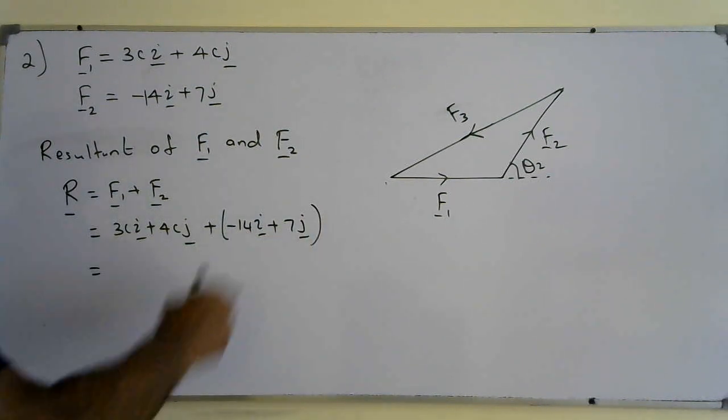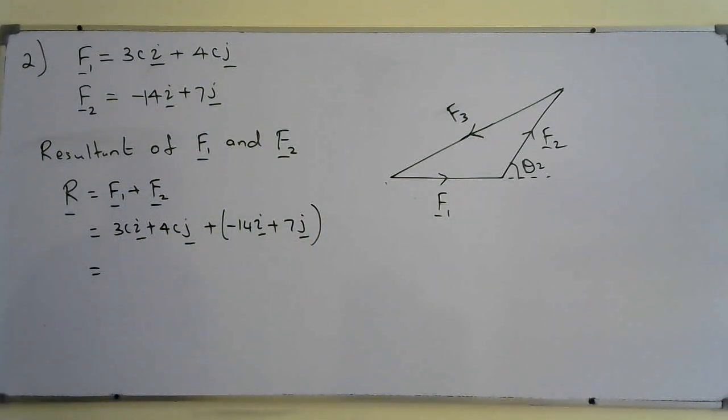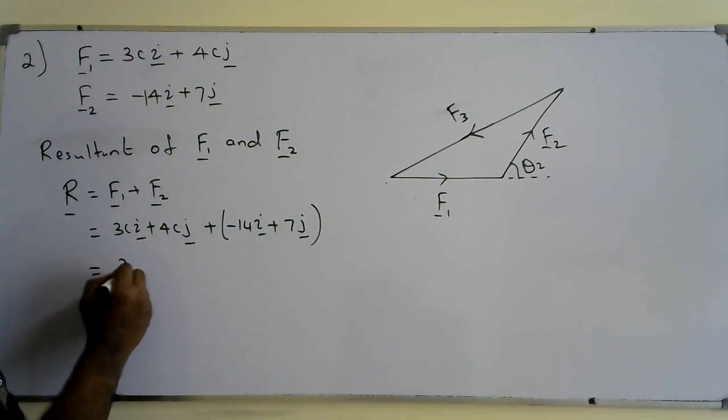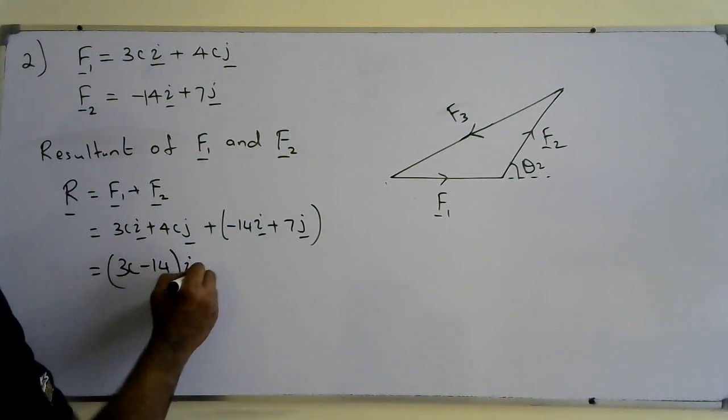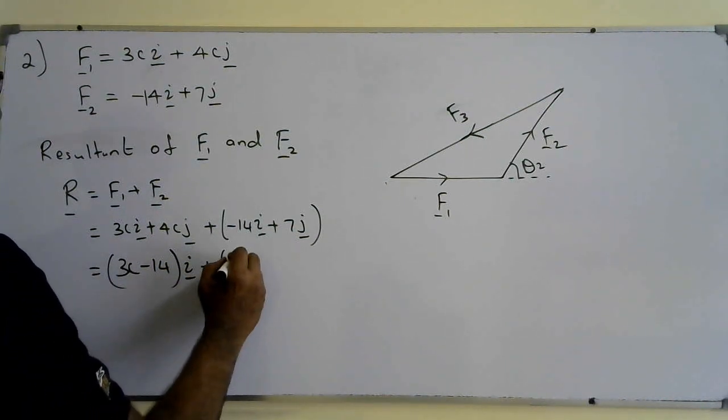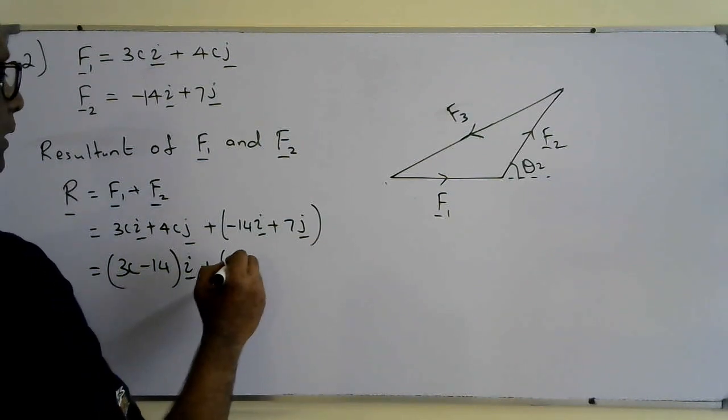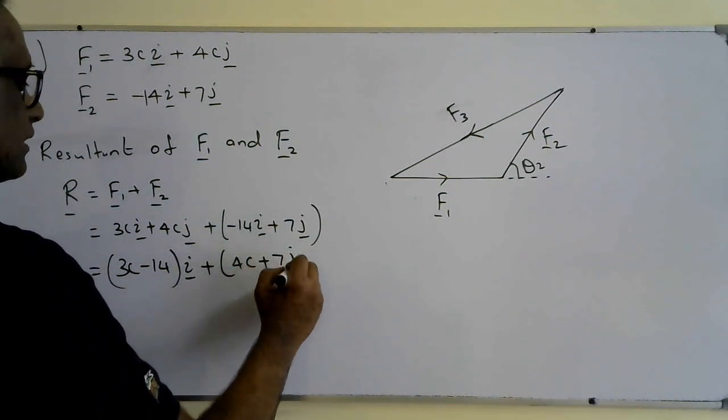Okay, solve this one. To find the resultant of F1 and F2, it will become (3c minus 14)i plus (4c plus 7)j.